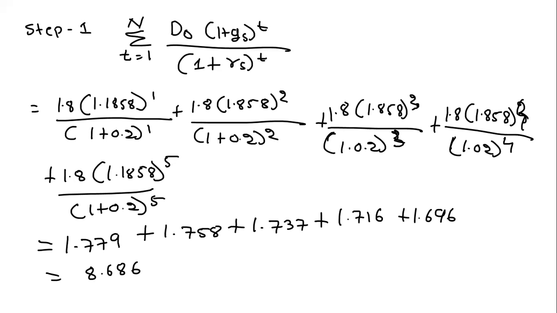Now we have to go for the second step. Step 2: D(N+1) divided by (Rs minus gn). D(N+1) is the fifth year's dividend growing at the 10% rate, which is given in the problem.